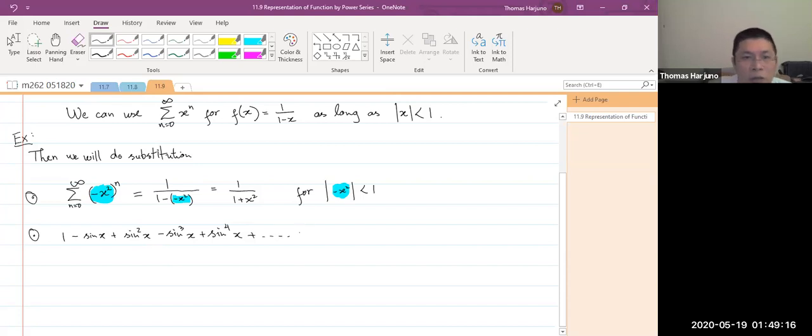Now notice that this can be written by summation notation n equals 0 to infinity of sine x to the n. Is it right? Then this is equal to what function? It represents 1 over 1 minus sine x.